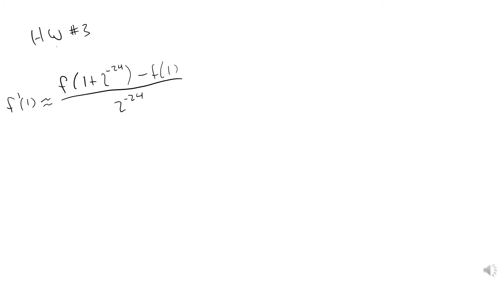Now they're not telling us what the function is, so we can't do anything too specific here, but if we're going to approximate f prime of 1, we know from the difference quotient that I would be doing f of 1 plus h minus f of 1 divided by h.